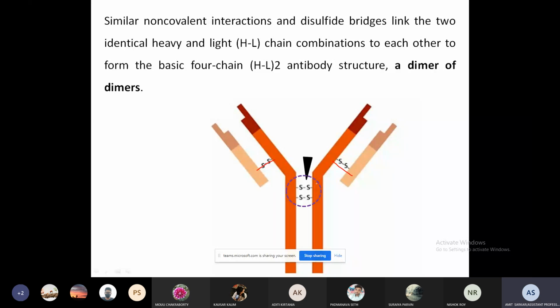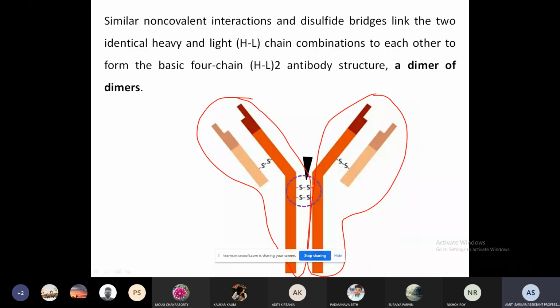Similar non-covalent interactions and disulfide bridges link the two identical heavy and light chain combinations, or dimers. As I said, one dimer is over here and another dimer is over here, and these two heterodimers are linked with the disulfide bridge. So you can call them a dimer of dimers: one dimer, two dimer, and the dimer of dimers, the whole thing.